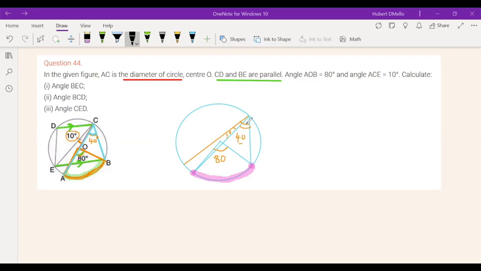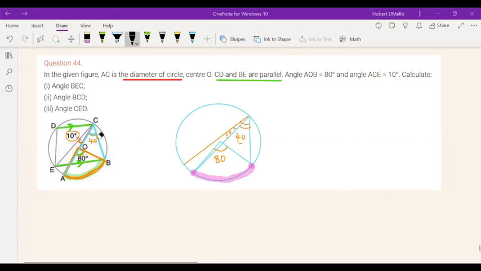Anything else? Angle BOC is 100 because AOC is the diameter and AOB is 80. AC is the diameter, right?